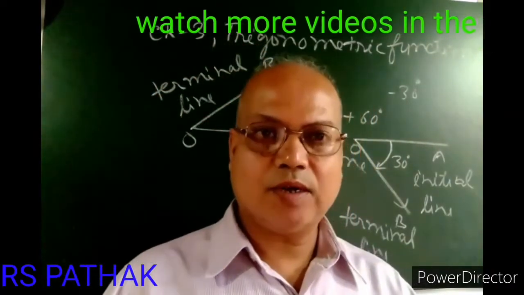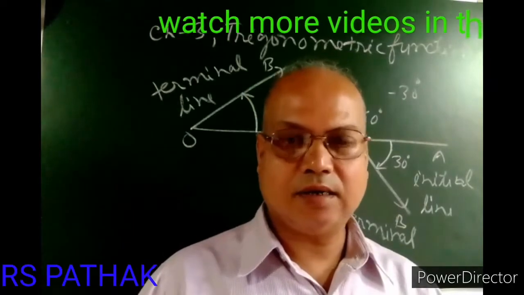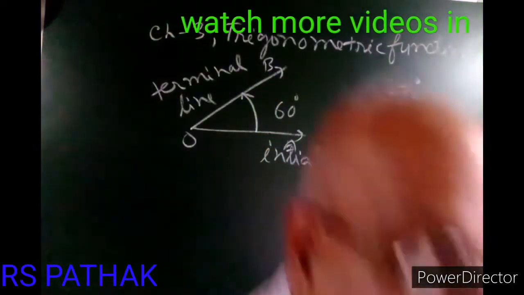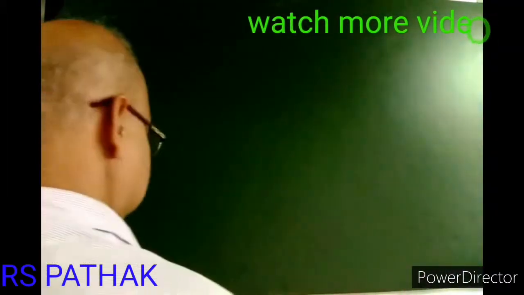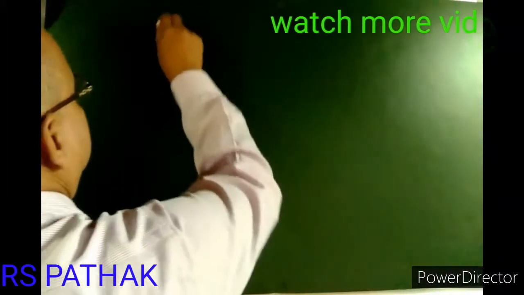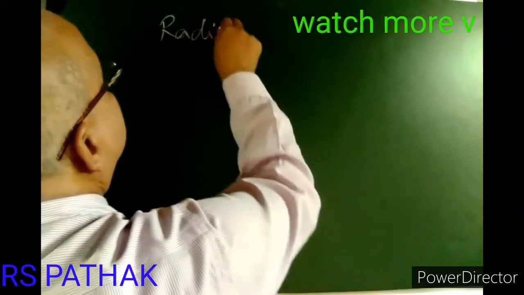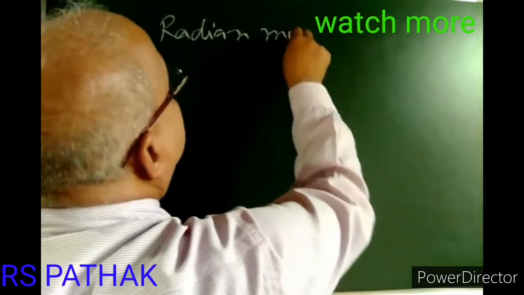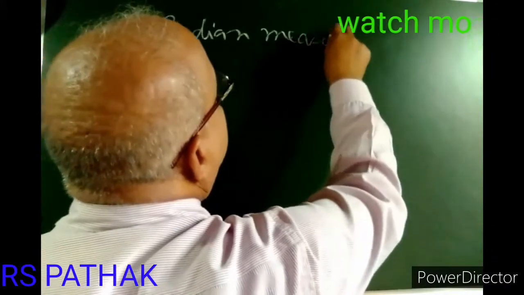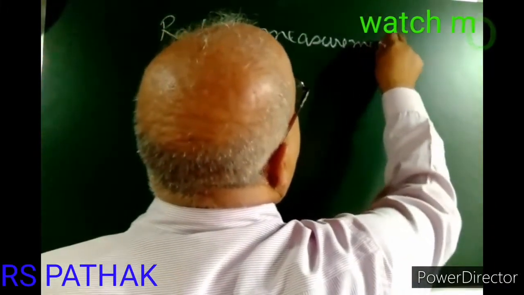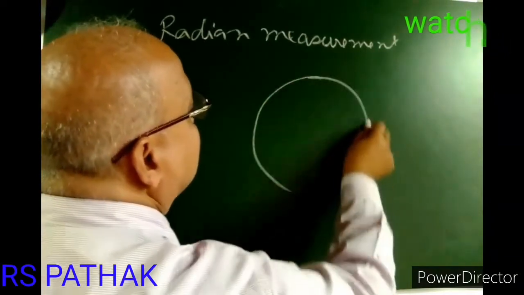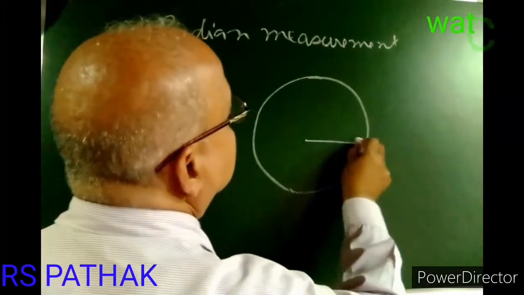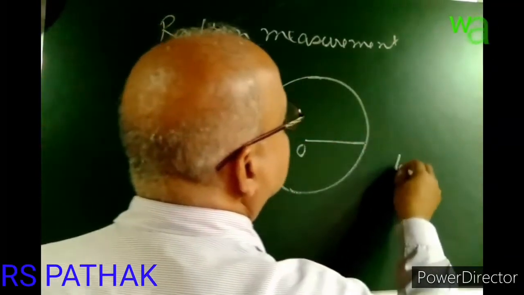Now I am going to explain to you about radian measurement. Let us suppose this is a circle of radius 1 unit.